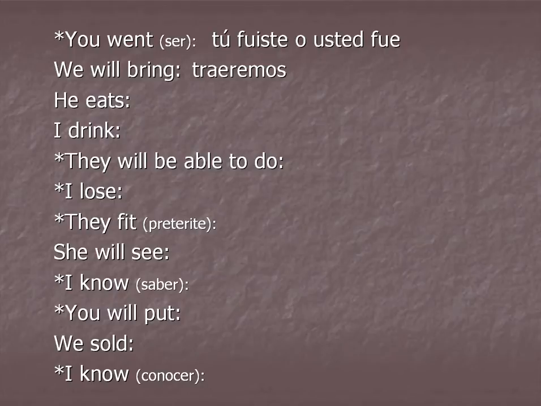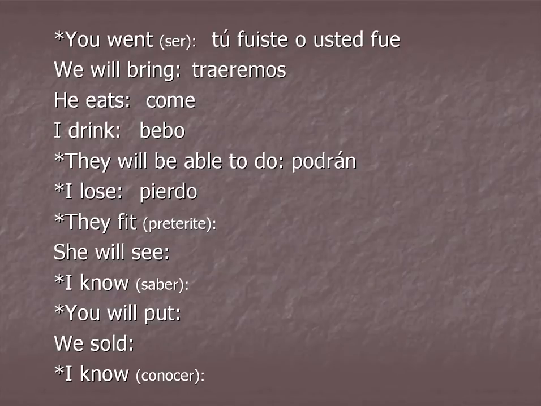Nosotros traeremos. He eats. Él come. I drink. Yo bebo. They will be able to. Ellos podrán. I lose. Yo pierdo. They fit.